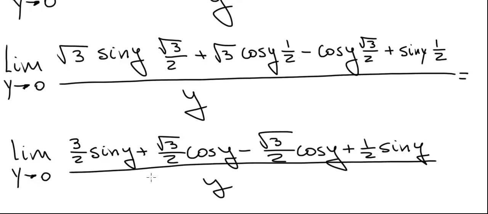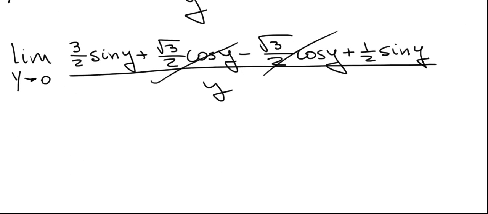We can cancel square root of 3 over 2 cosine y minus square root of 3 over 2 cosine y. And then what we have left is 3/2 sine y plus 1/2 sine y.